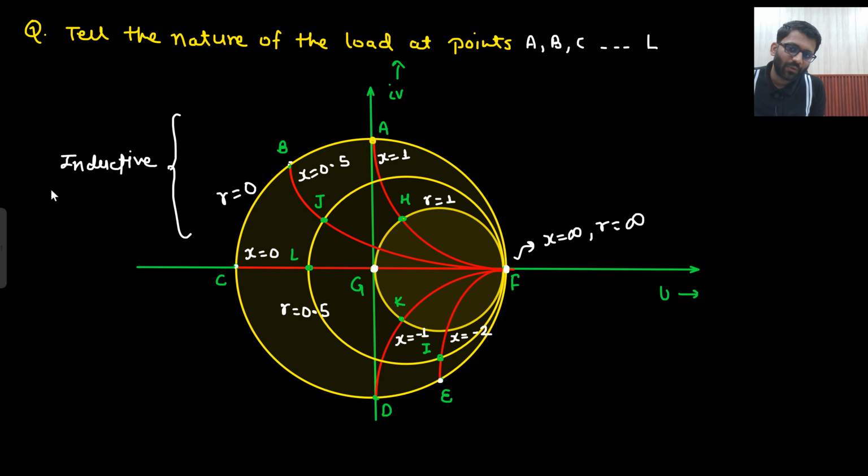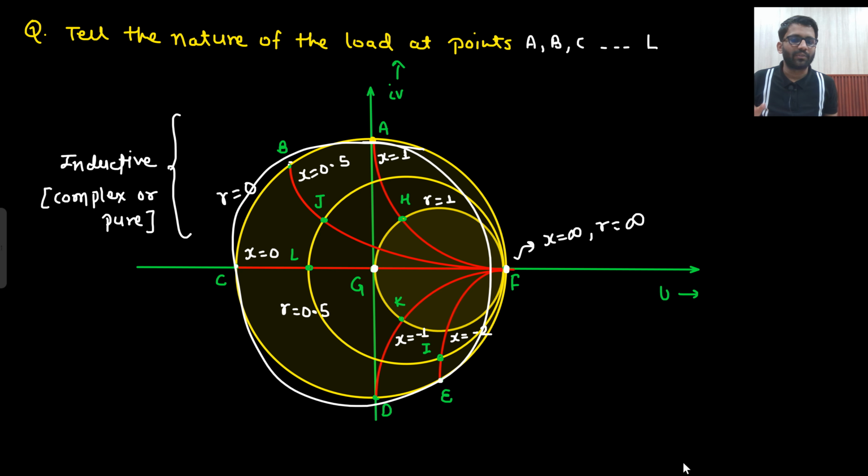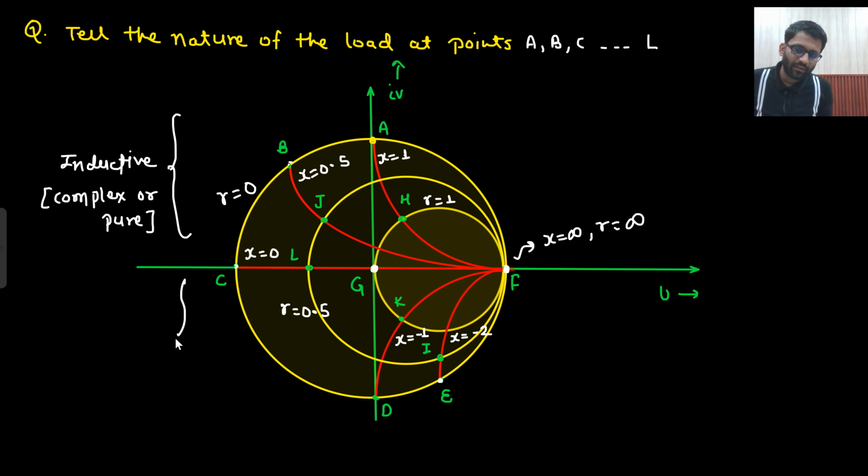It could be complex or pure. It will be pure inductive when you are on this circle, R equals 0. And if R is not equal to 0, then it will be complex. And the lower part will be capacitive.